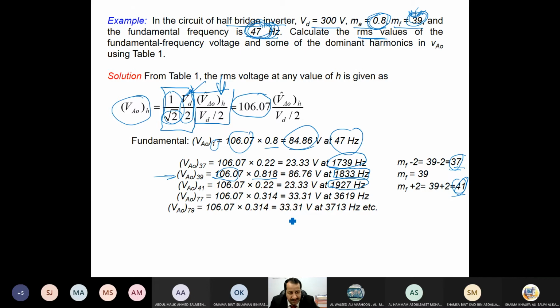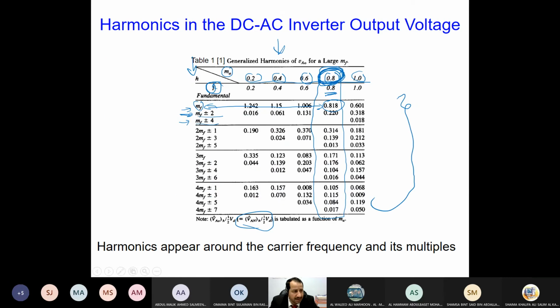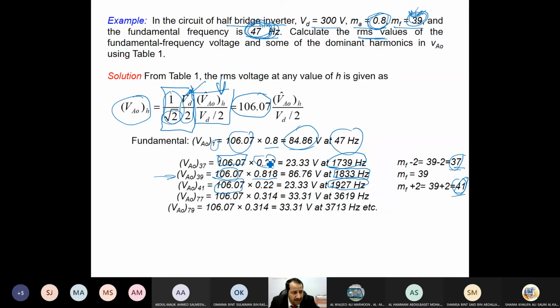Now, next is to find the ratio. You see here, still 107, 106, 106, but what is the ratio? Let me go back. MF plus minus 2. Oh, the ratio is 0.2 to 0. As you can see here, 0.2 to 0.